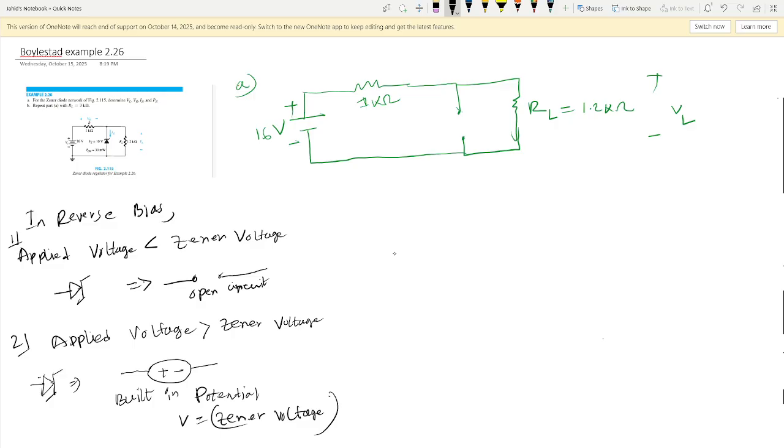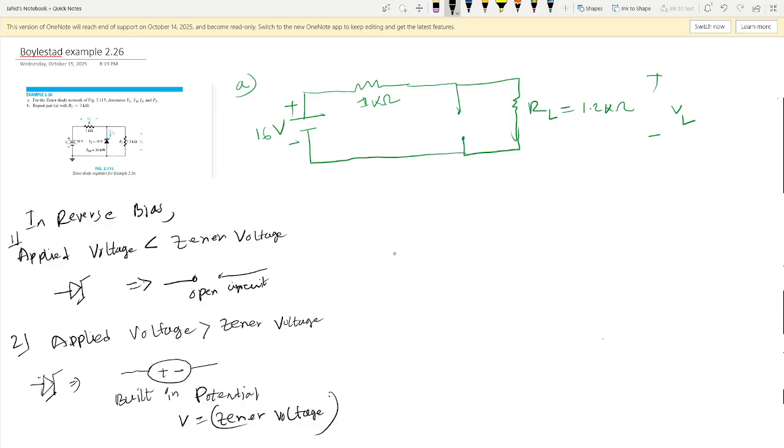Here you find that the Zener diode is in reverse bias. In forward bias, the Zener diode acts like an ideal diode or general diode. It doesn't change. But in reverse bias, the Zener diode is different from an ideal diode.